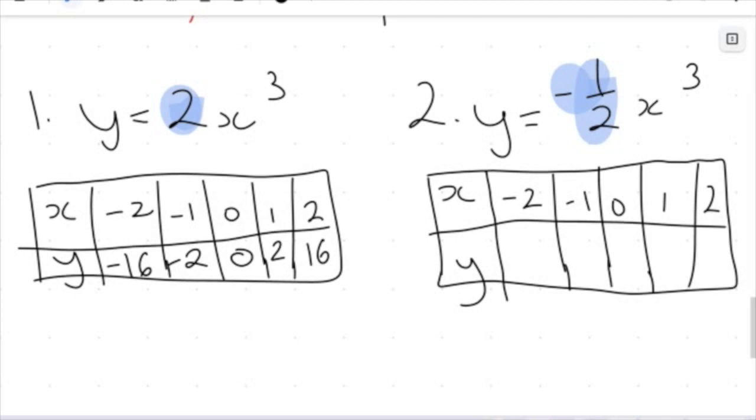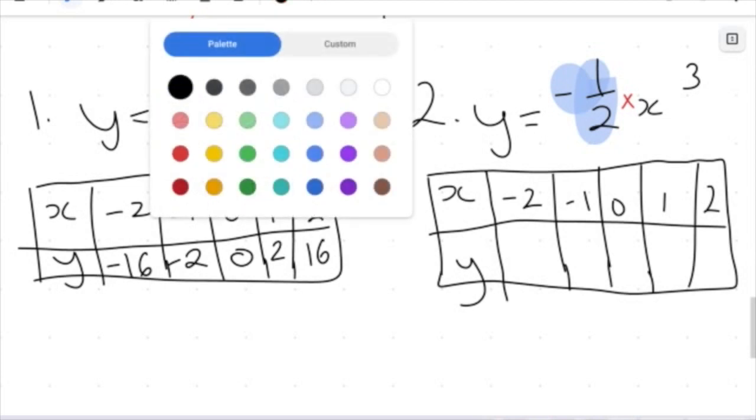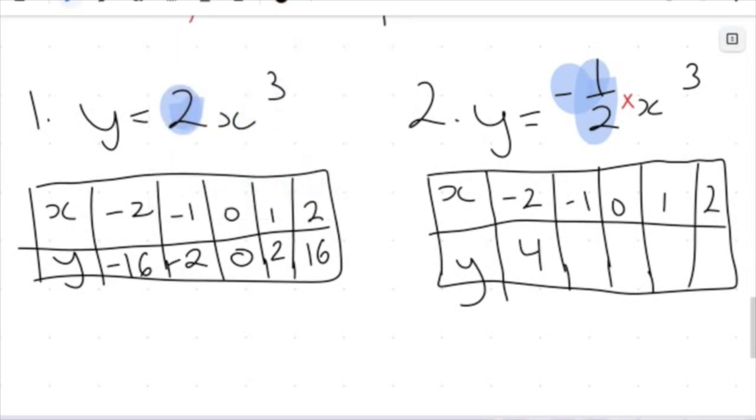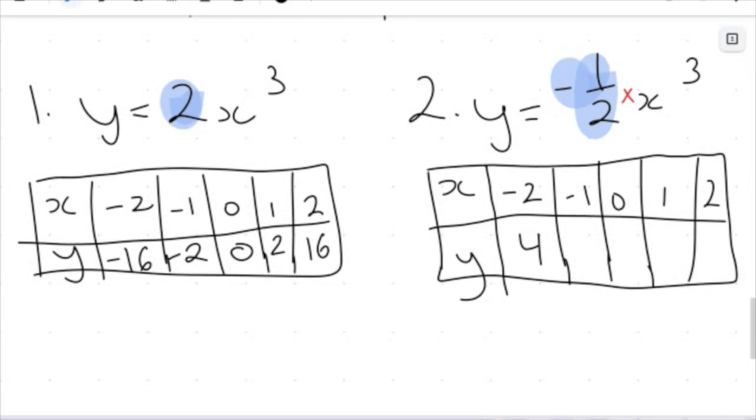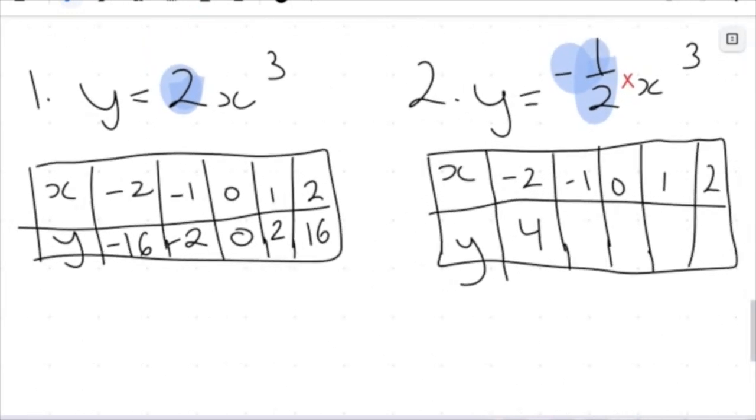Now substituting x equals -2 in place of the x cubed, that will give me 8 times by negative a half. So minus 2 cubed gives me, sorry, negative 8. Timesing that by negative a half gives me positive 4. Doing that for the next one, negative 1 cubed gives me negative 1.